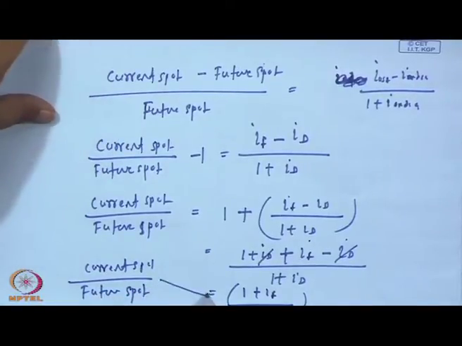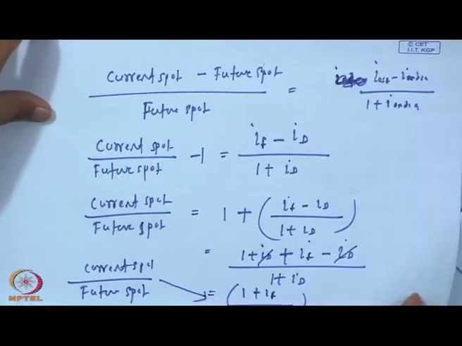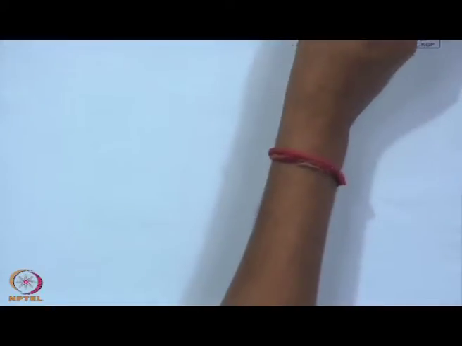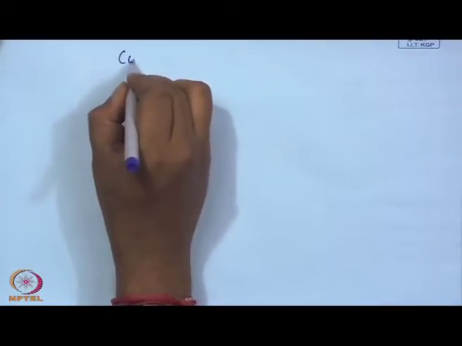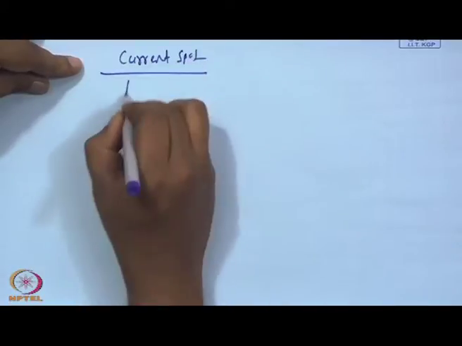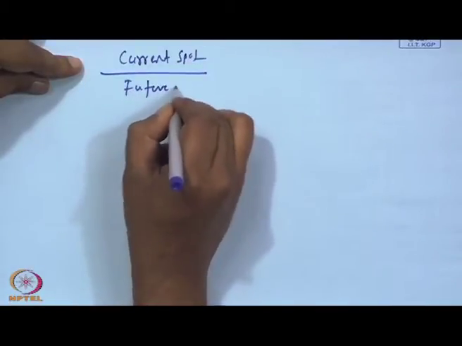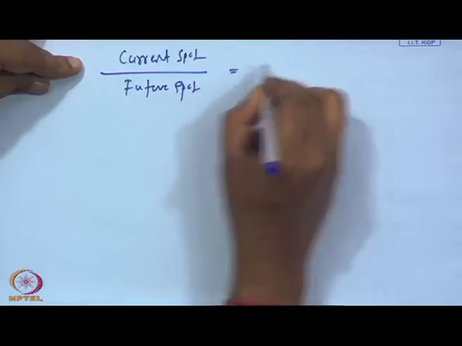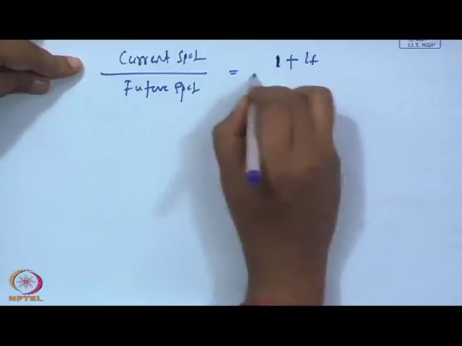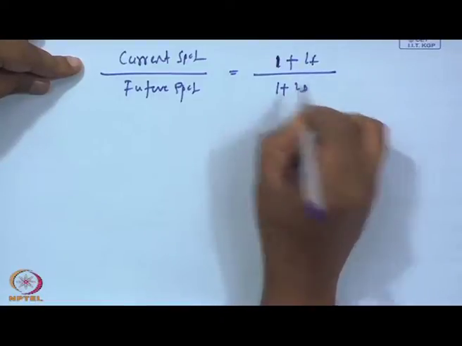So, current spot divided by future spot is equal to 1 plus the interest rate in foreign divided by 1 plus the interest rate in domestic.